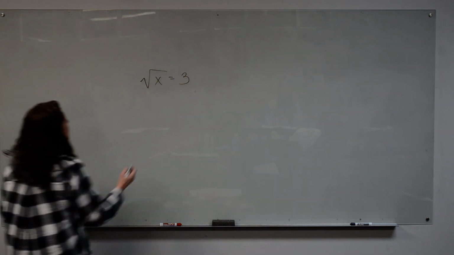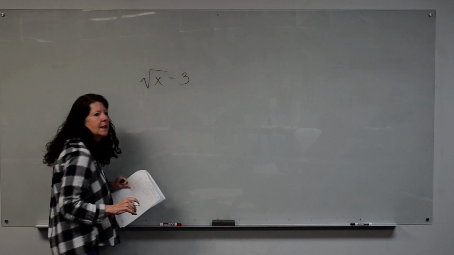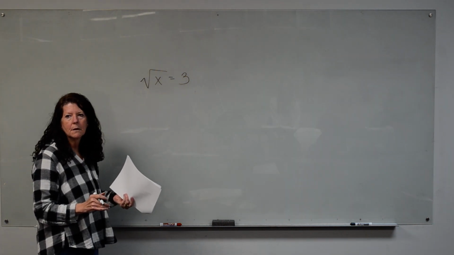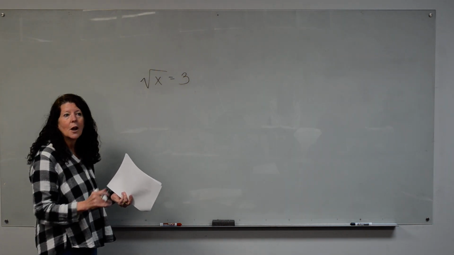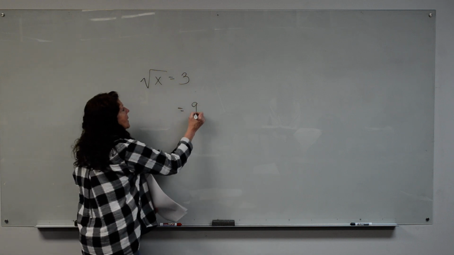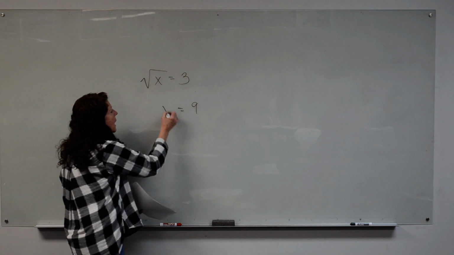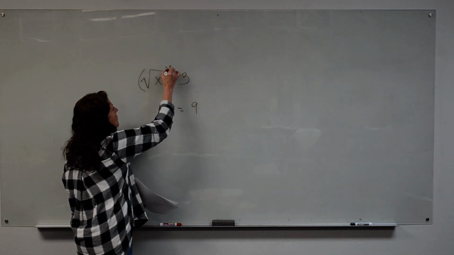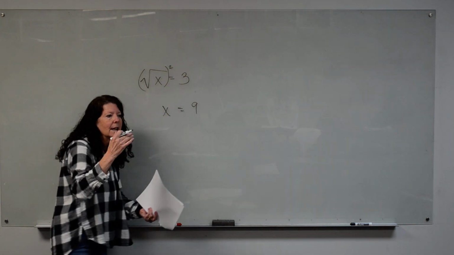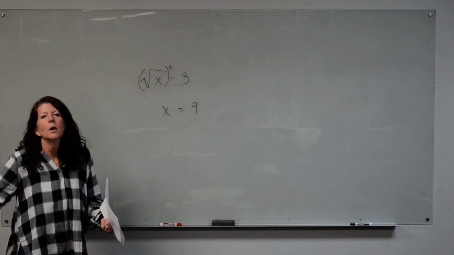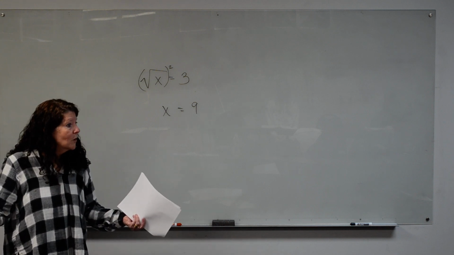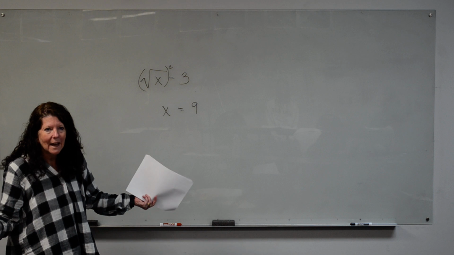Square both sides. When I square the right-hand side, I get 9. What do I get when I square the left-hand side? X. Just x, because when I take a square root and square it, it's like saying the square root of x times the square root of x, which is the square root of x squared, or just x.